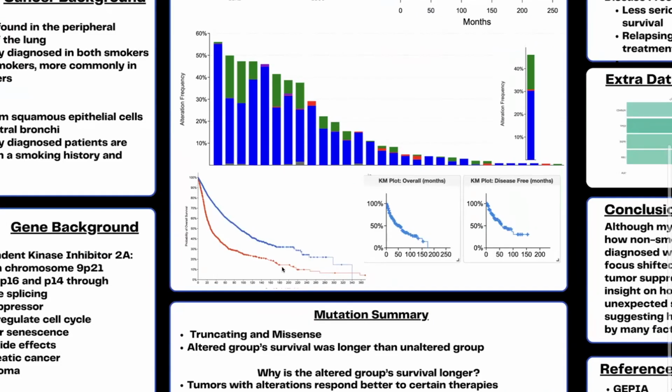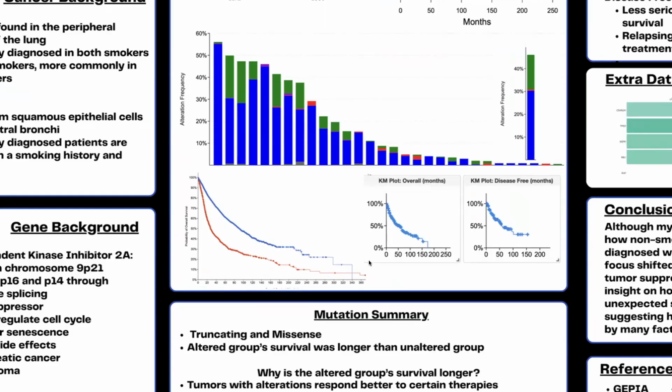And for my survival plot, this red line shows the probability of overall survival for a group where there was a mutation that occurred versus the blue, which is the unaltered group. I thought this was pretty interesting because there's actually a longer survival for the altered group, which I didn't really understand because if there's a mutation, the cancer would probably get worse.